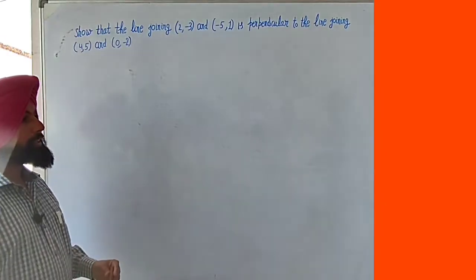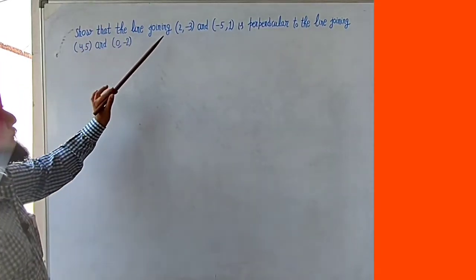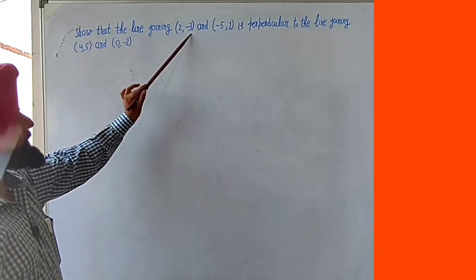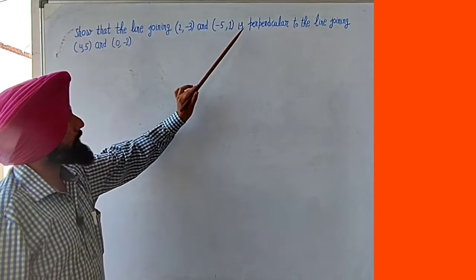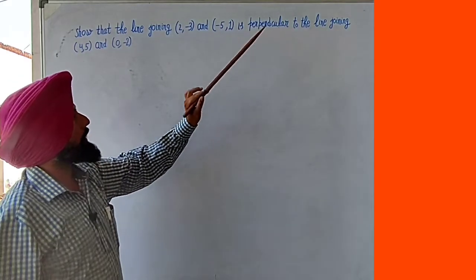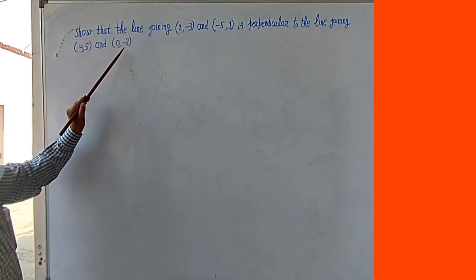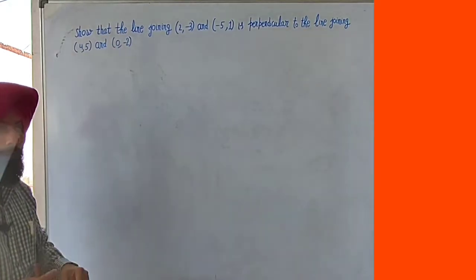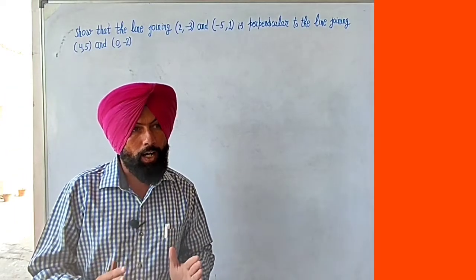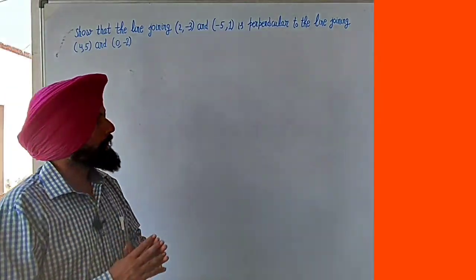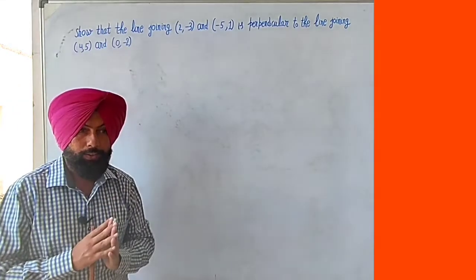Now students, our next sum. Show that the line joining 2 minus 3 and minus 5 1 is perpendicular to the line joining 4 5 and 0 minus 2. Now we have two lines given and we have to prove that these two lines are perpendicular.